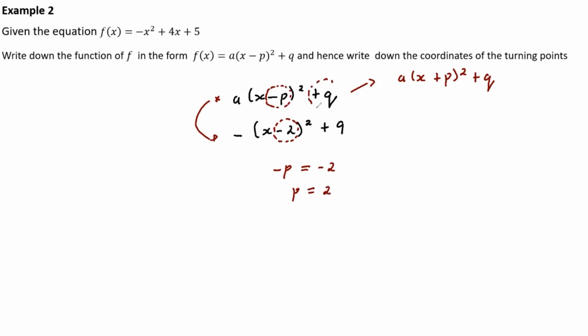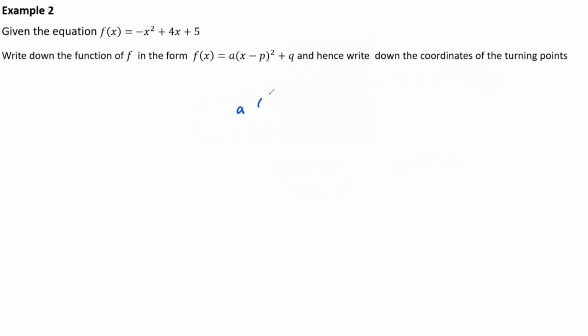If you're struggling, plus q is equal to +9, so q is equal to 9. Basically, that's what you do. So x minus 2 squared plus 9, p will be 2, while q is 9. Let me try and come up with another example.